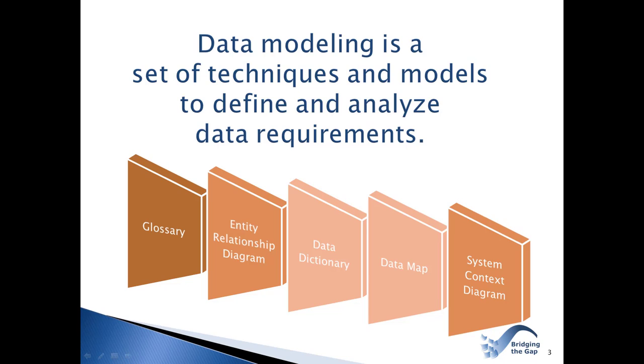And looking at the domain from a data perspective helps us ensure that we don't overlook critical requirements. So data modeling is a set of techniques and models that are used to define and analyze data requirements to ensure the data managed by information systems supports the business processes executed by stakeholders and the functional processes or requirements executed by software applications.